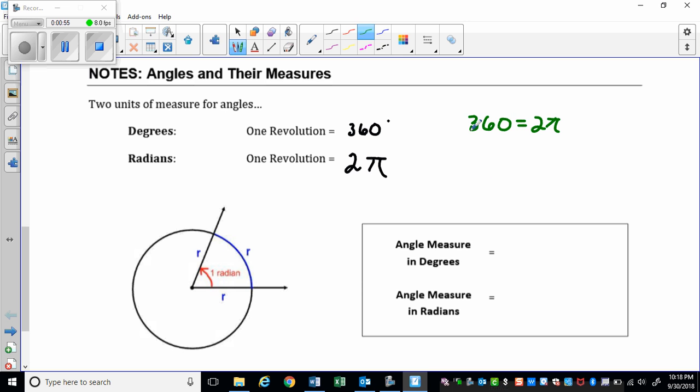So half of 360 is 180. Half of 2 pi is just pi. And 180 divided by 2 pi, r is going to be the arc length. Remember we talked about this in circles, the arc length or length of this curved part of the circle.